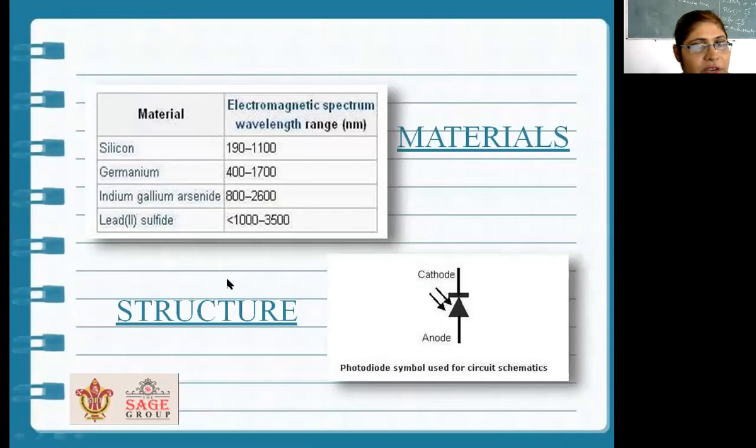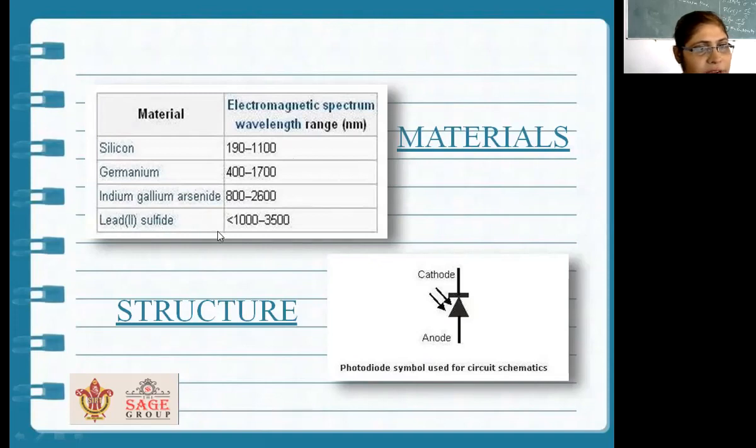Different materials are used for the photodiode like silicon, germanium, indium gallium arsenide, lead sulfide. Silicon does the conversion for the wavelength range of light from 190 to 1100 nanometers. Similarly, germanium can do the conversion of light energy for wavelengths of 400 to 1700 nanometers. For indium gallium arsenide, it can do the conversion for 800 to 2600 nanometers.